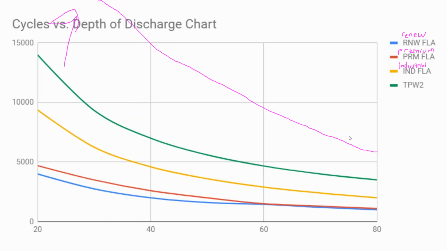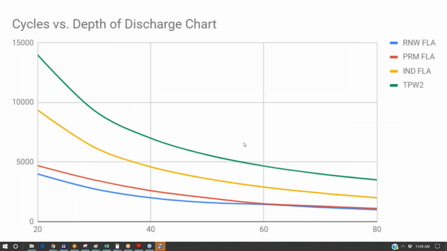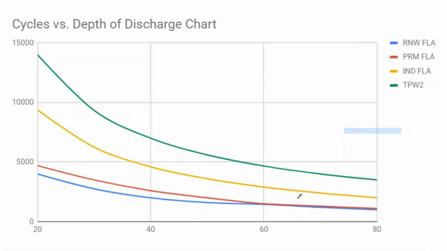This kind of chart is not very necessary on a lithium ion battery because it is an elastic battery. There's a direct relationship where, if you're rated for, say, 3,500 cycles at an 80% depth of discharge, you're going to get twice as many cycles at a 40% depth of discharge.